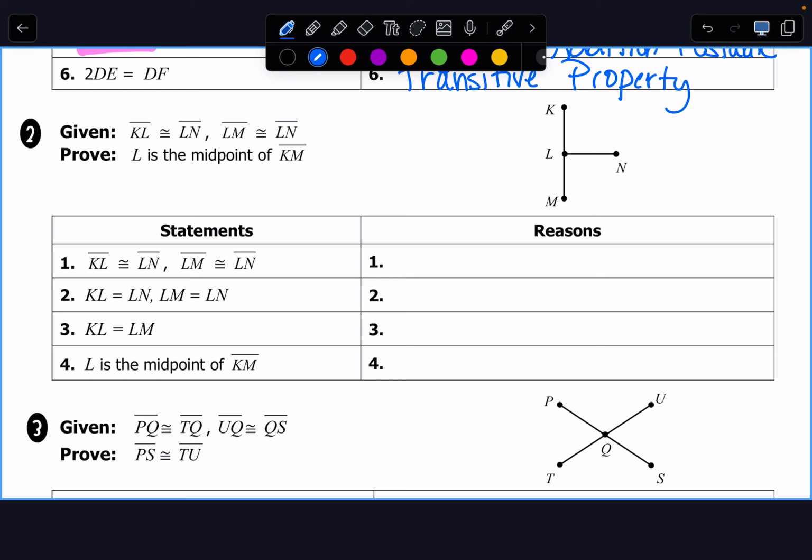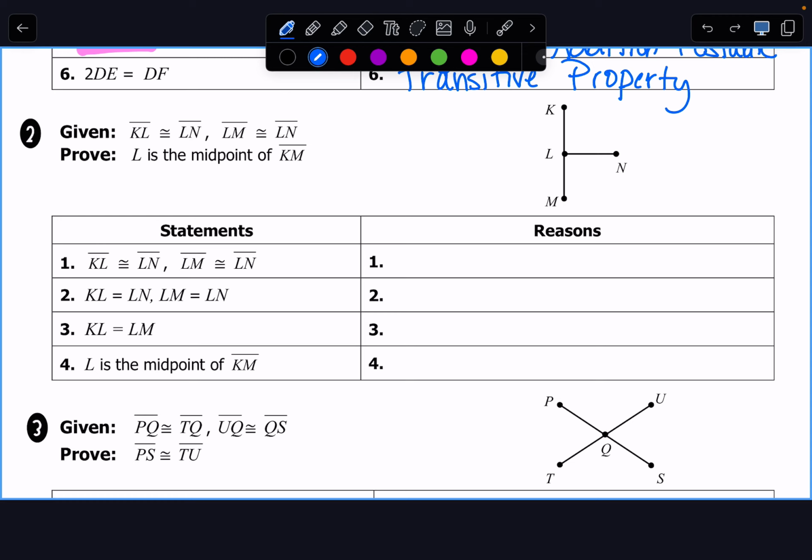Let's look at number 2. Our given information is that KL and LN are congruent. Our other information is that LM and LN are congruent.